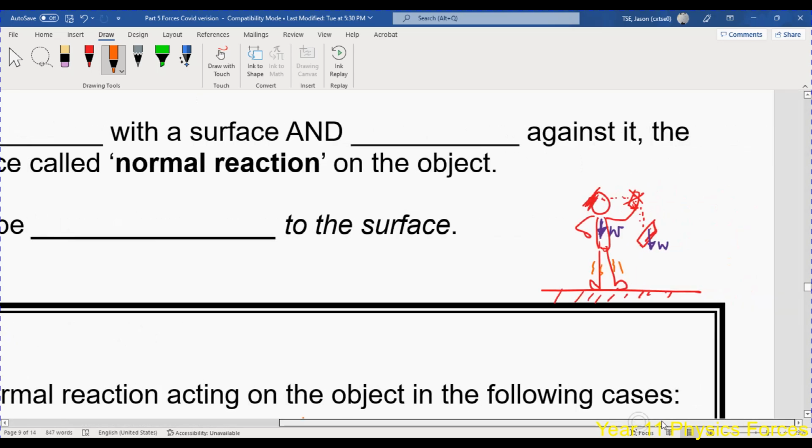Anyway, what's the feeling when you stand on the ground for such a long time? You feel a kind of soreness of the muscle, especially from your feet. And that kind of feeling is from a force called normal reaction force.